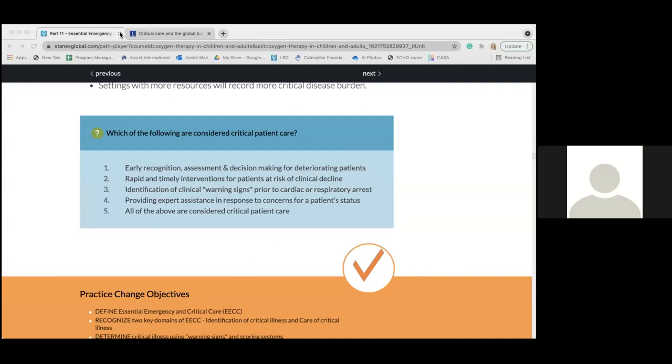Maybe it's just my screen. Oh, the poll is going. 55% of participants have responded so far. Okay, I don't seem to see it on my screen.